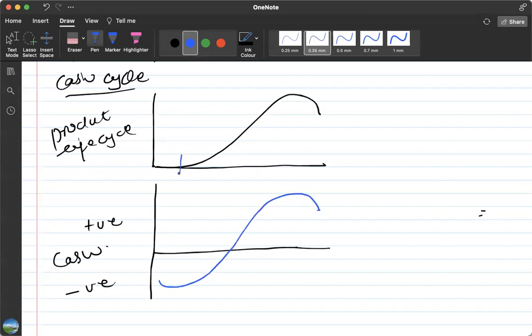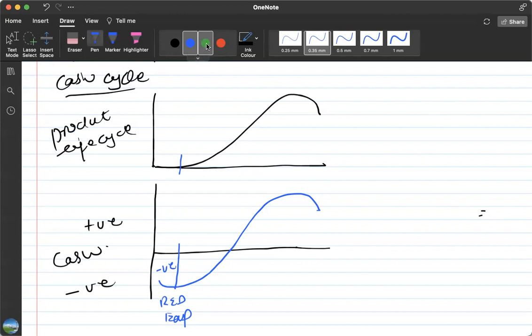At the stage of development, the cash is negative because the R&D, research and development expenditures are high, and we have not introduced the product into the market, so there is no revenue being generated.